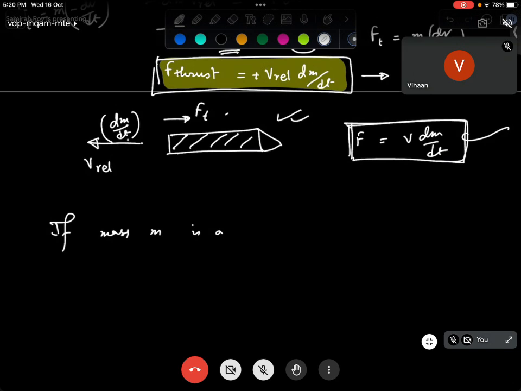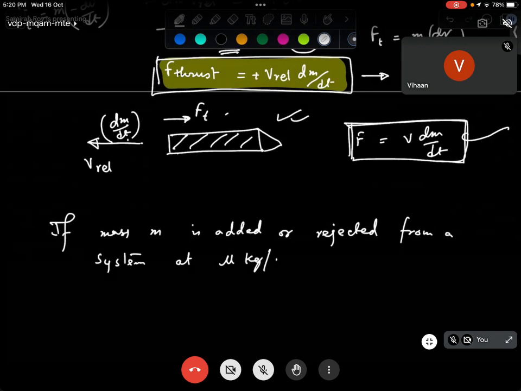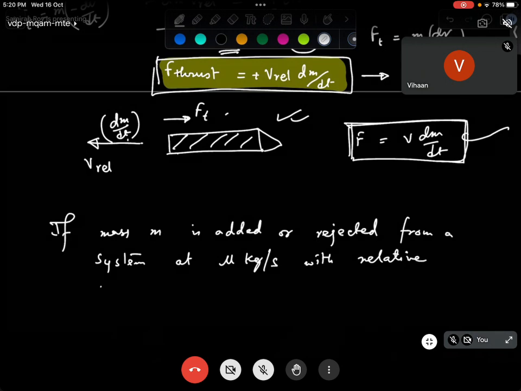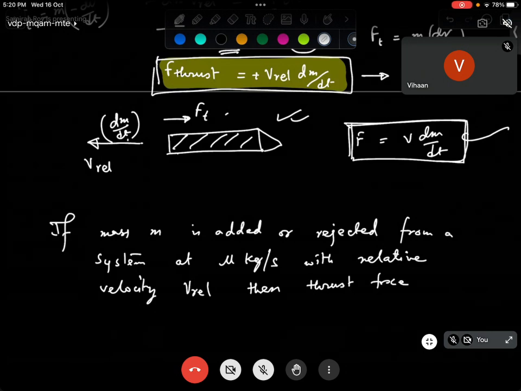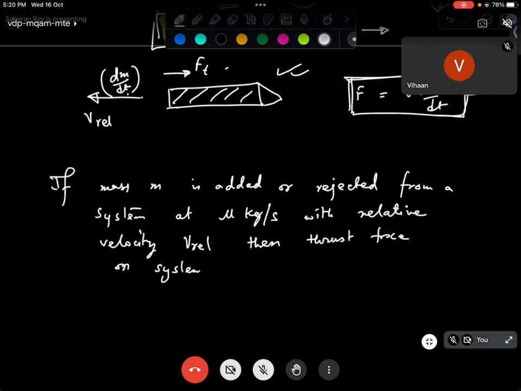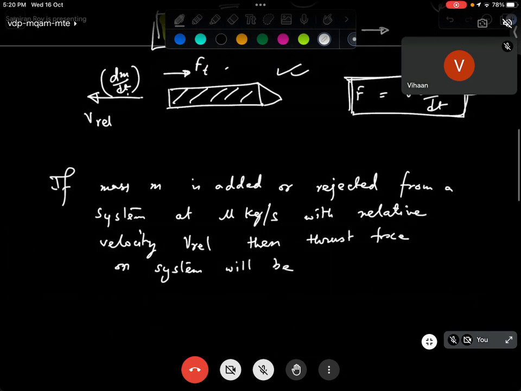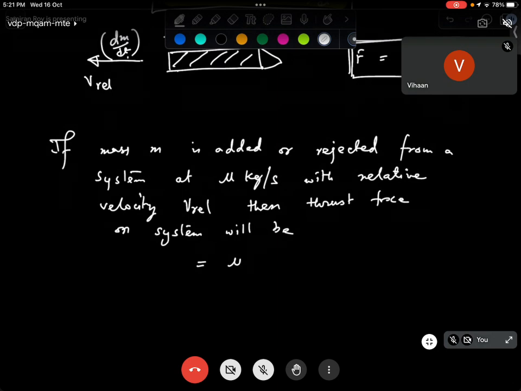Now if mass m is added or rejected from any system at mu kg per second with relative velocity v relative, then you have to remember this: the thrust force on the system will be mu into mod of v relative.